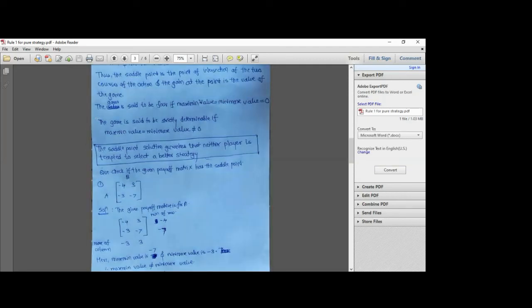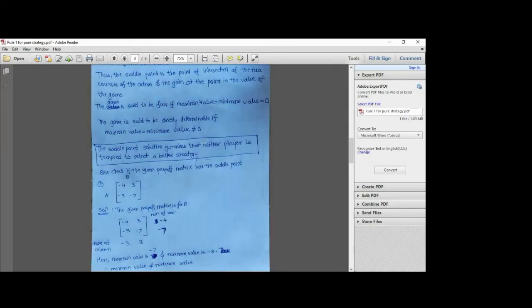A game is said to be strictly determinable if the maxmin value is equal to the minimax value but is not equal to 0. So that we say is strictly determinable. Otherwise, we say that the game is not a fair game, right.